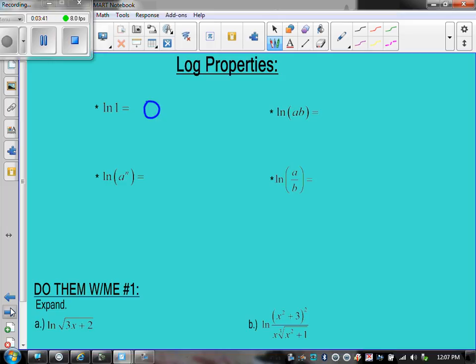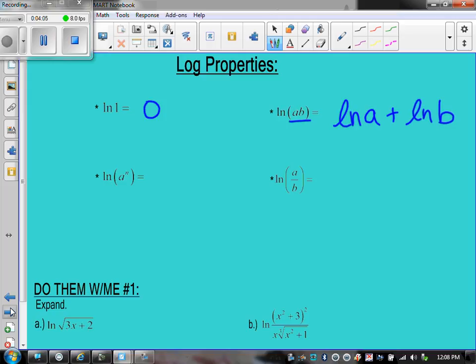If I have a natural log problem where I am multiplying two things, instead of doing the natural log of their product, the two things multiplied together, I can break these up into smaller pieces. I can do the natural log of A plus the natural log of B. Sometimes this helps when we're finding derivatives, so we don't have to use some weird product rule type of thing.